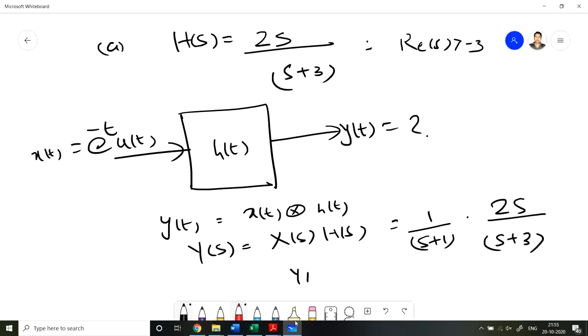So ultimately Ys we are getting is 2s divided by (s plus 1)(s plus 3). This is our Ys. Now we need to find the solution of this, and we need to perform partial fraction analysis.